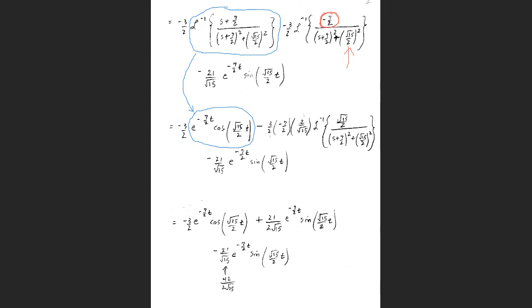It's got to be root 15 on 2. That's right, root 15 over 2, because our k squared is root 15 over 2 squared. So we want root 15 over 2.